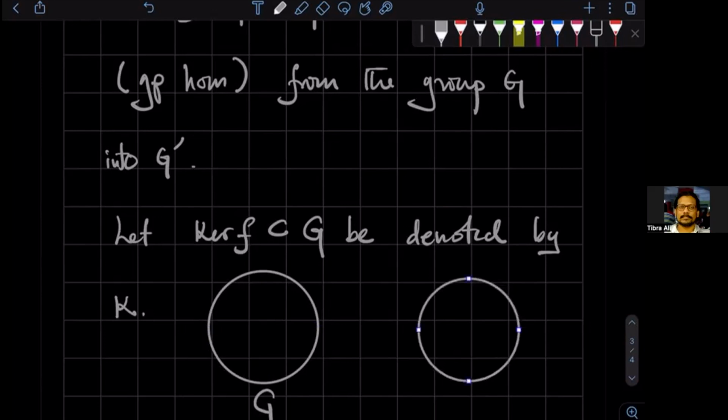Very good, yeah. So this is the identity, E prime, and there is some subset of the first group where all of them map to the identity, okay?